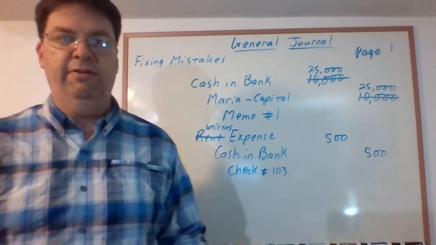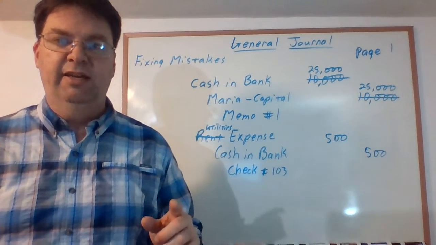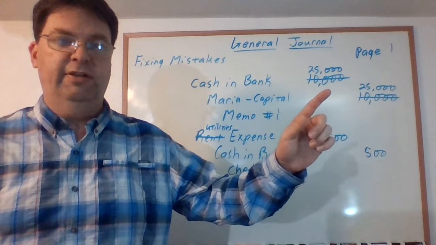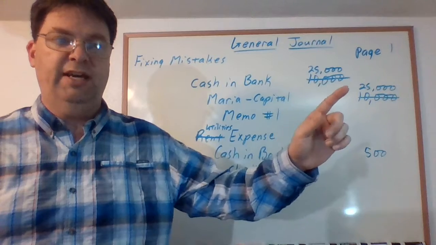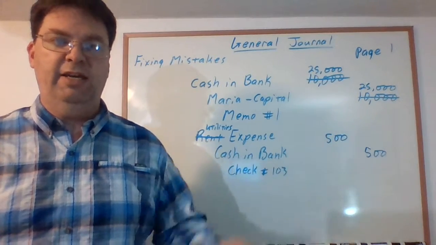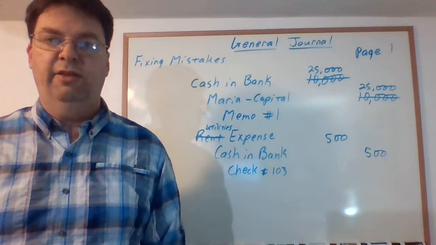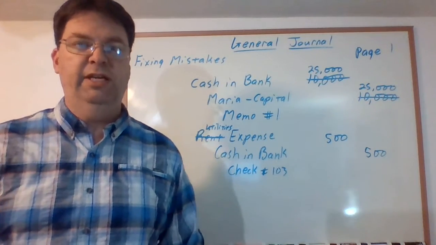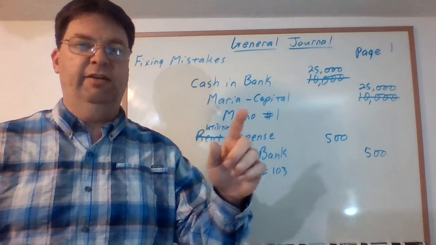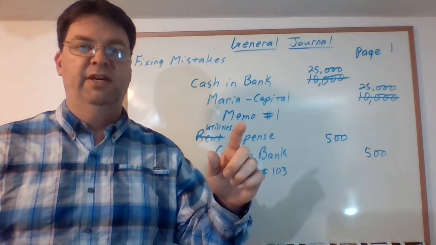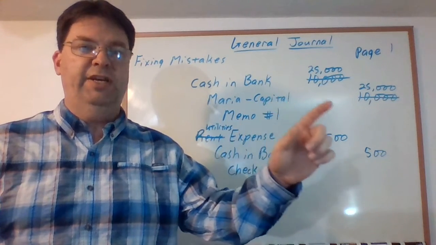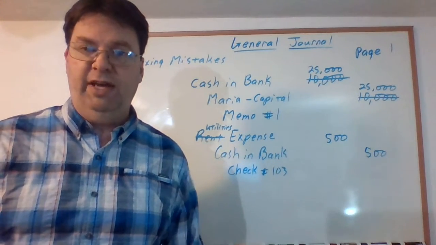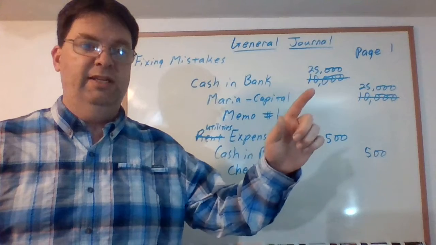So what we do in accounting is, if ever you make a mistake, you leave the mistake, and in the journal you're going to cross out any mistake you make, and you're going to pencil in the correct number or figure. Alright? So in this case, if we had cash in bank, and this capital is for Maria Sanchez, and that's the original entry for 10,000, if you remember that from the last video, it should have been 25,000, but she's already written this in.